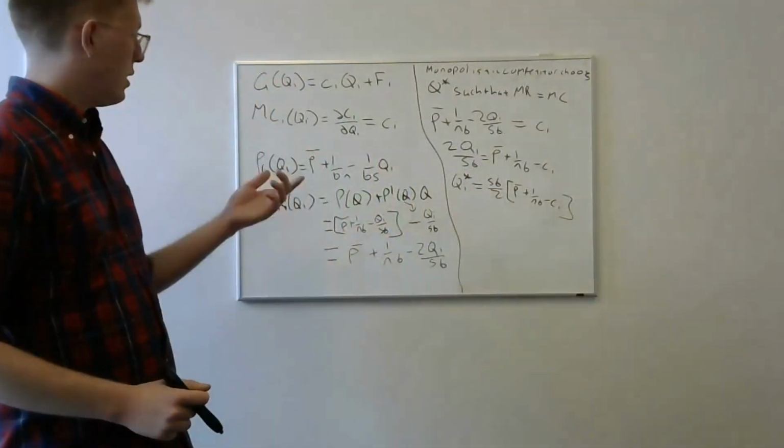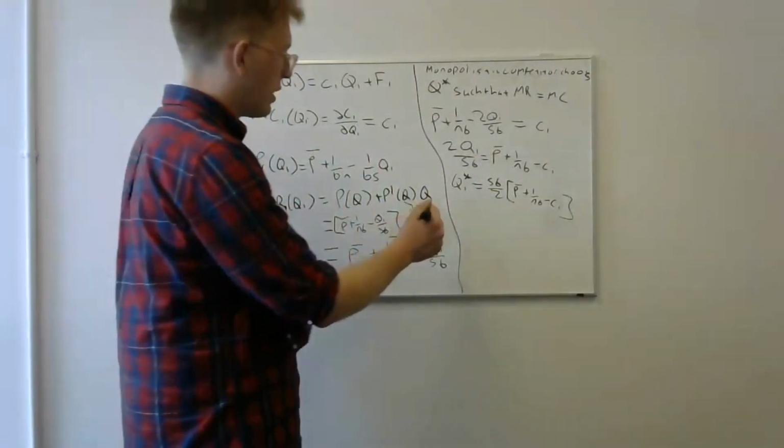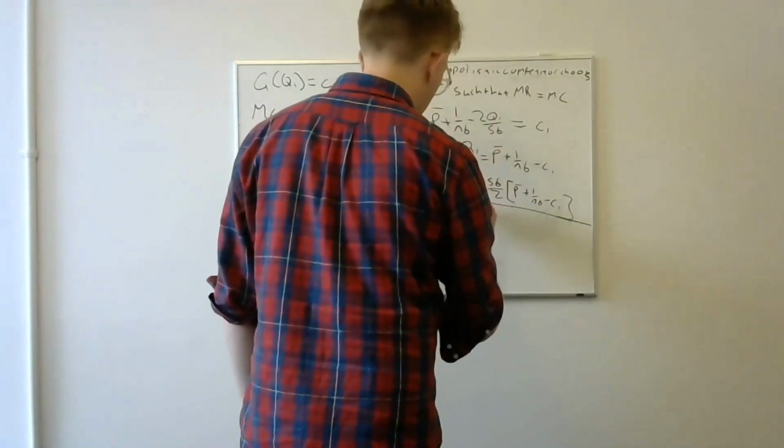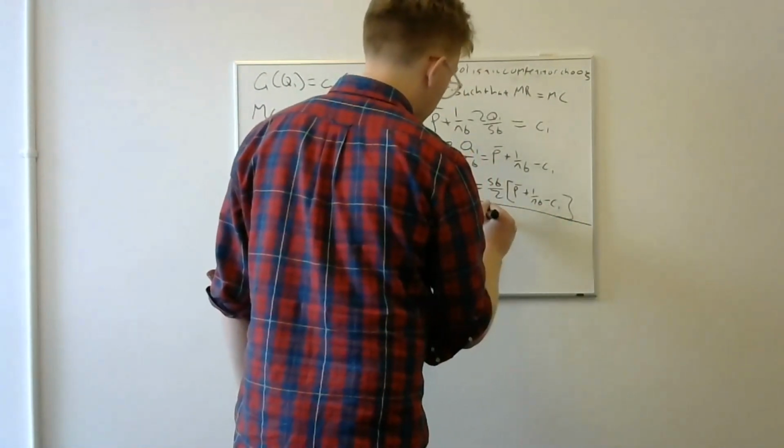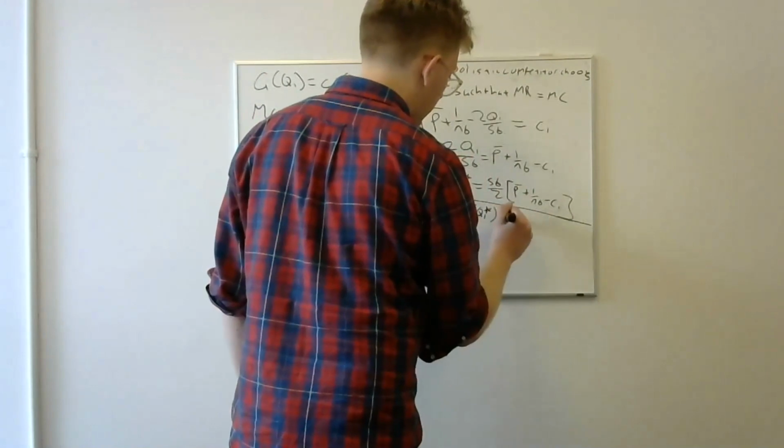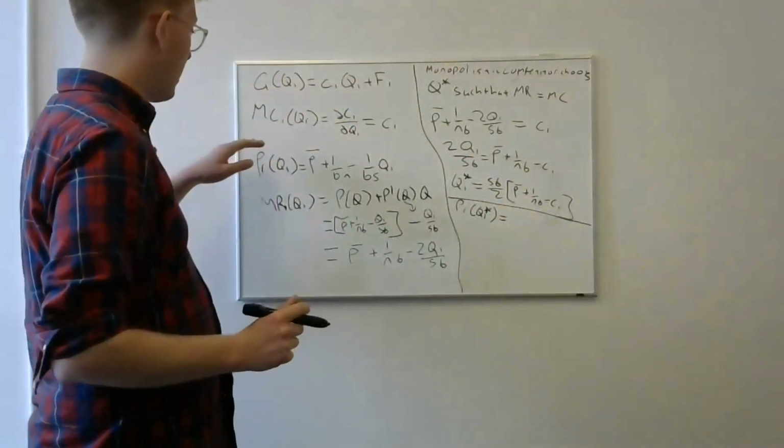And so if I want to solve for my optimal price, it is just given by plugging in this Q_i into this. So what will I get?